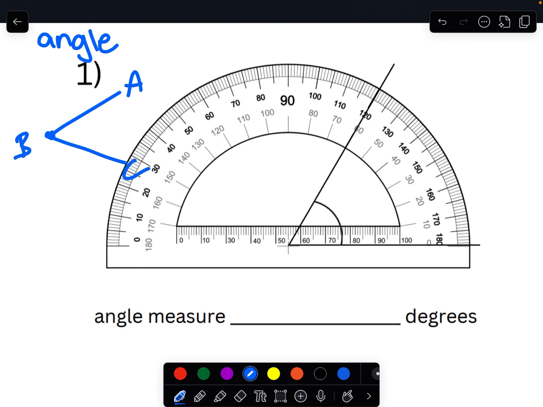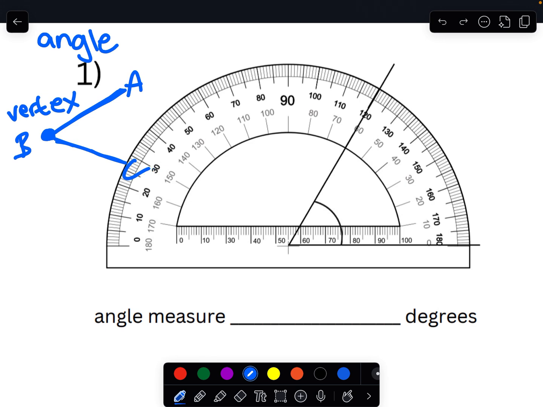The point where the angle forms and the two lines, rays, or line segments meet is called the vertex. And then when we extend the other line of the angle out, we can call it a letter.